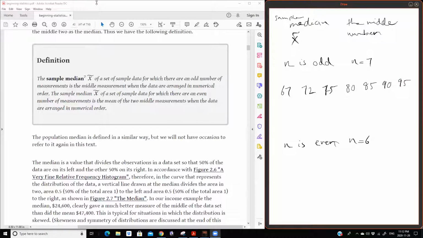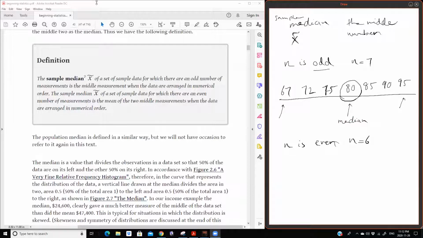So you just order the numbers. That's the first thing that you have to do. The numbers must be in a sorted order from the smallest number to the biggest number. And then if you have an odd number of individuals in your sample, there will be one middle number. So here in this case, 80 is the middle number. There are 3 to the left, 3 to the right. So that would be your median.